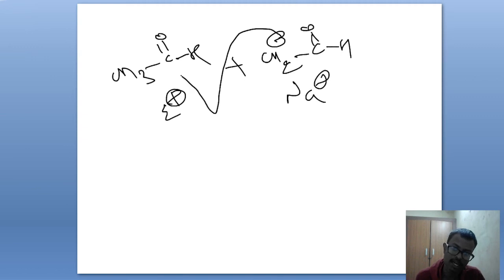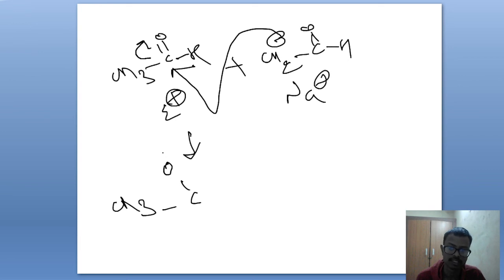This will attack the electrophilic center, and one bond between carbon and oxygen will break, and the oxygen will get a complete negative charge. So this is CH3, next CO, and the carbon will get a complete negative charge.